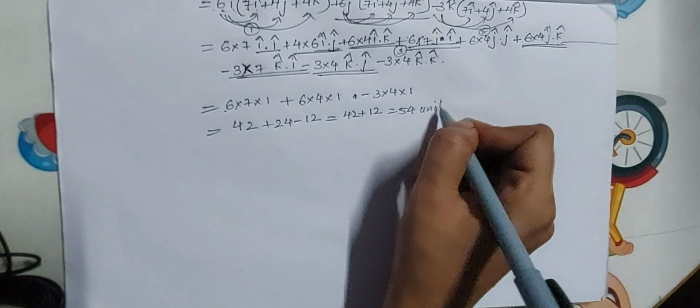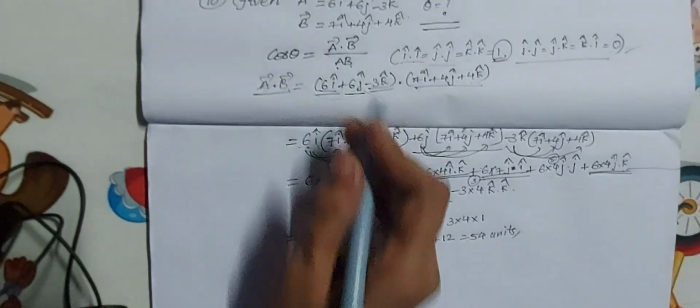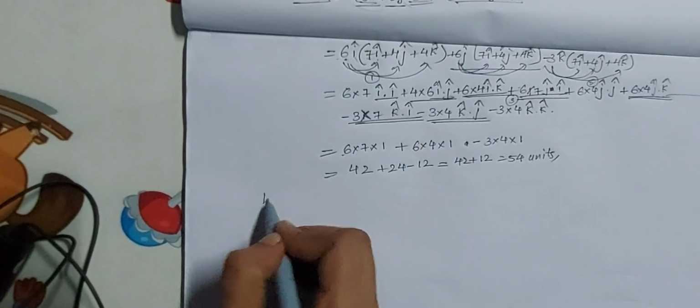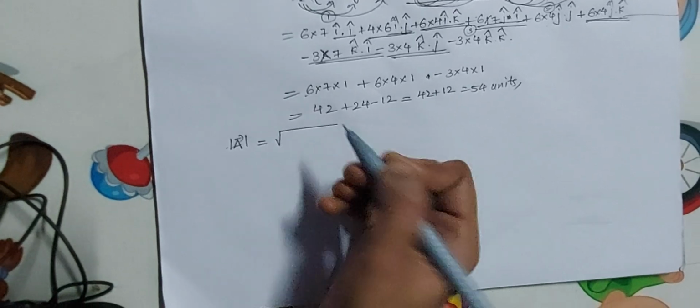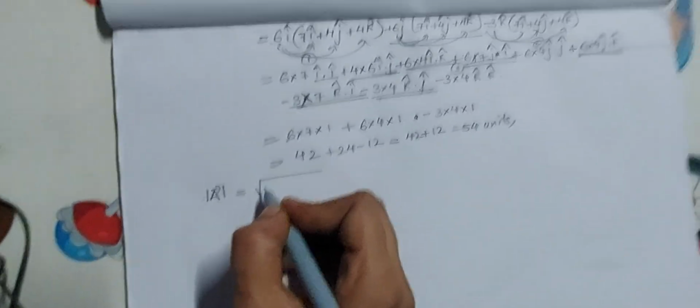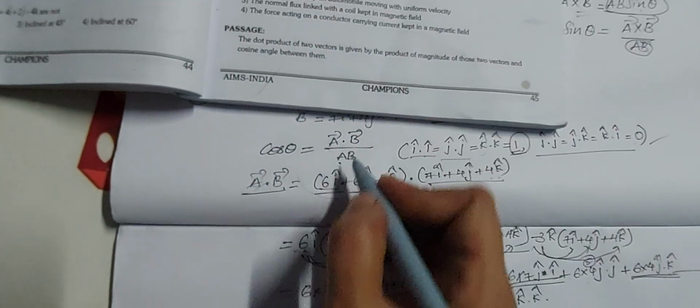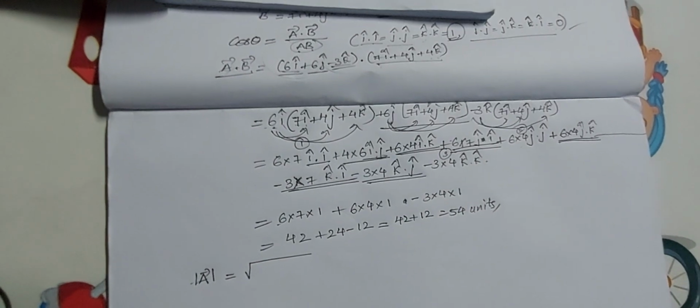But now we have not yet finished our problem. We just found a bar dot b bar. Now let us find the magnitudes. What is the formula to find the magnitudes, and why do we need to find them? Simply, we had a formula here, which involves the magnitude of a and the magnitude of b.